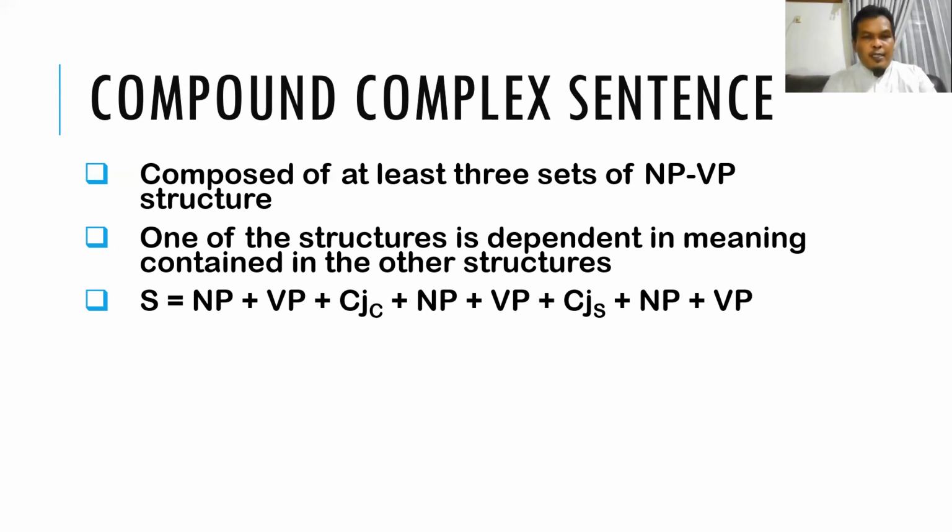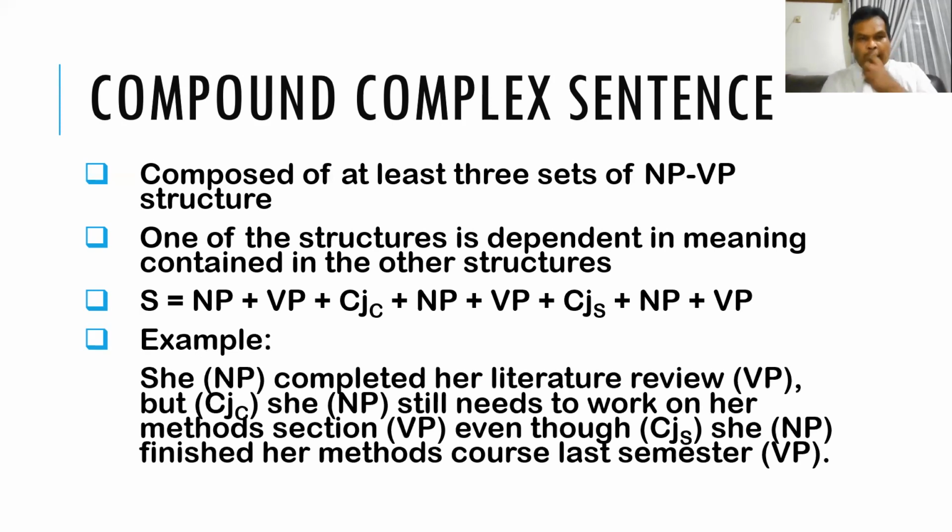Now, let's see here the example. Okay, so you can see that I have here 3 groups of noun phrases. The first one is she, second one is she, and last one is she. Even though we have the same element of a noun phrase, we can calculate the number of noun phrases in this sentence as 3 noun phrases.